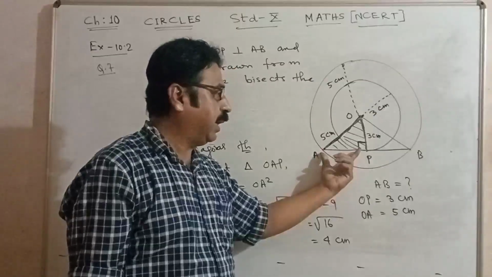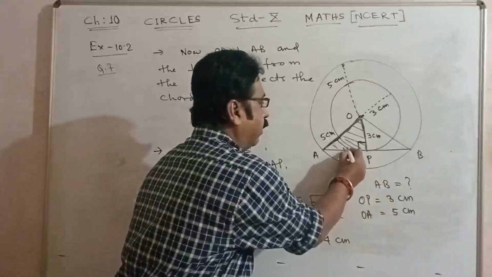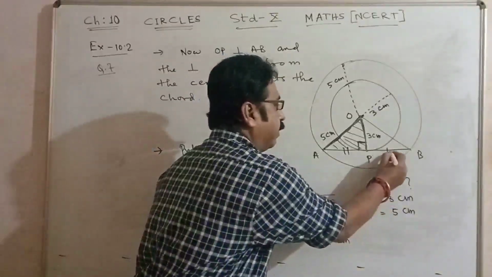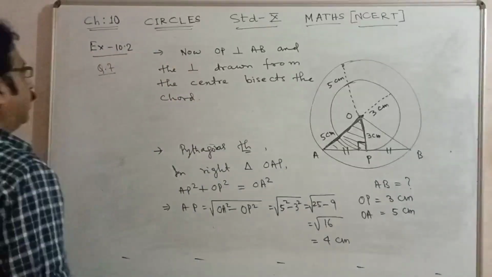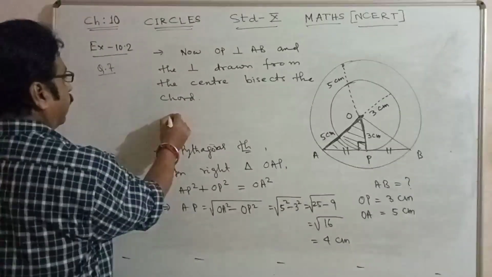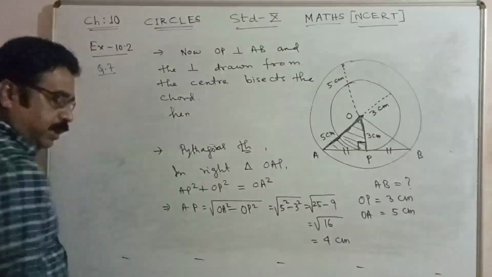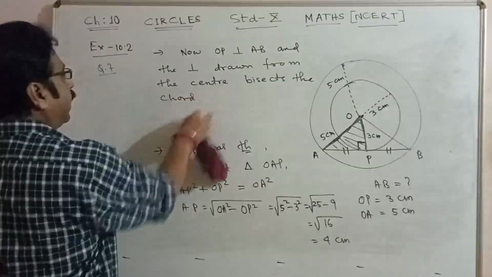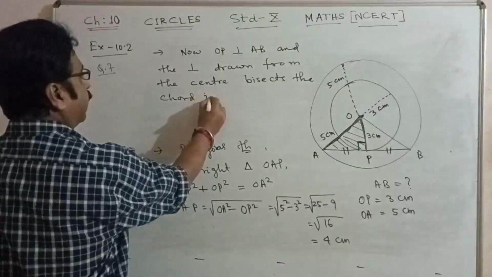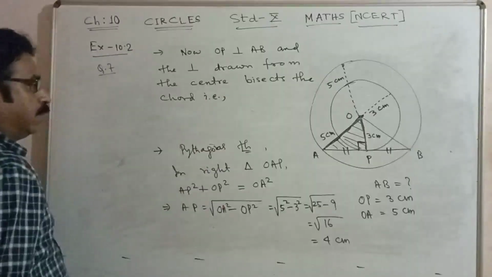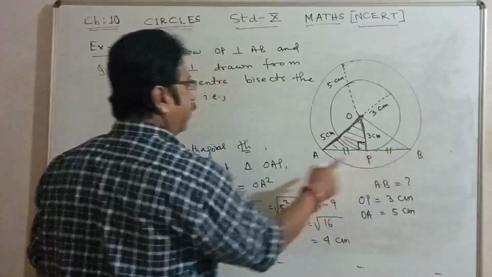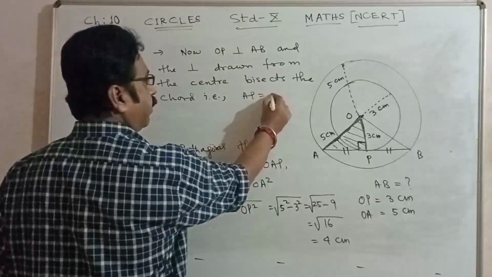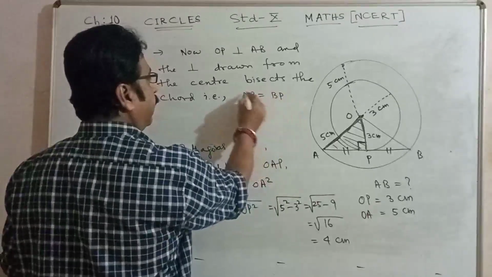Bisect means AP length will be equal to BP length. Hence, you can write that AP equals BP.